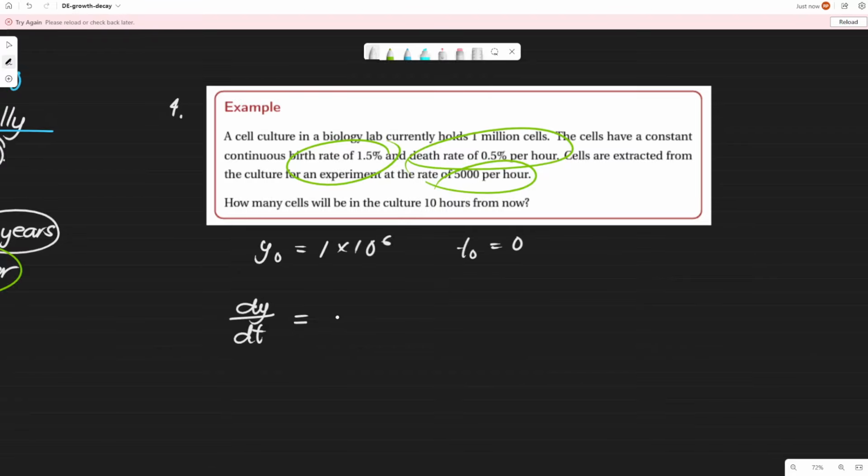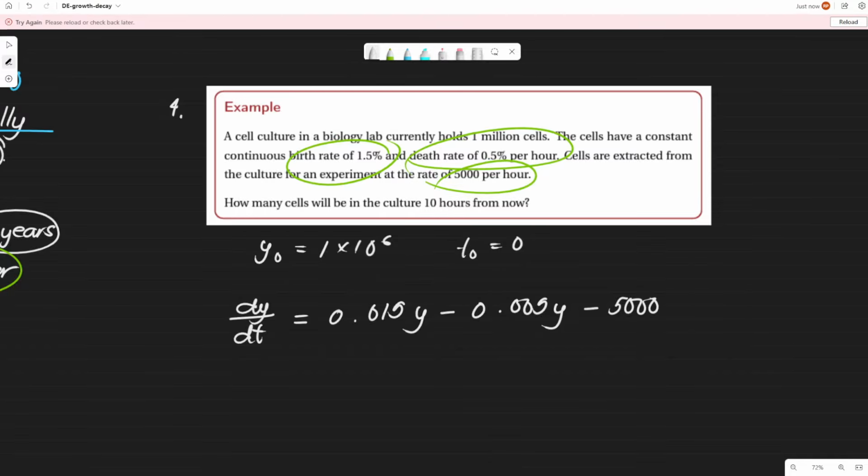So we have 0.015 y, that's the initial population of 1 million, minus 0.005 y. Okay? Then we have extracted from the culture at the rate of 5,000 per hour. In this case, guys, just simply subtract 5,000.